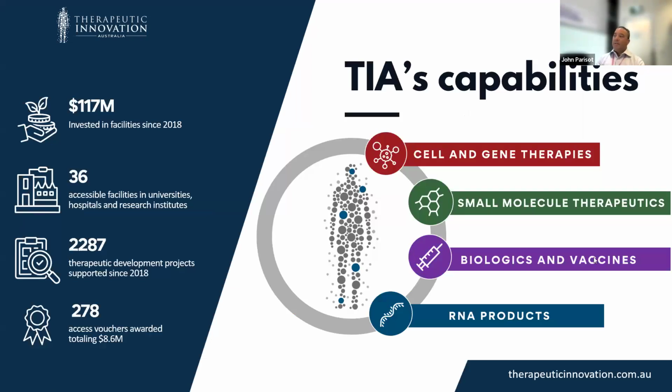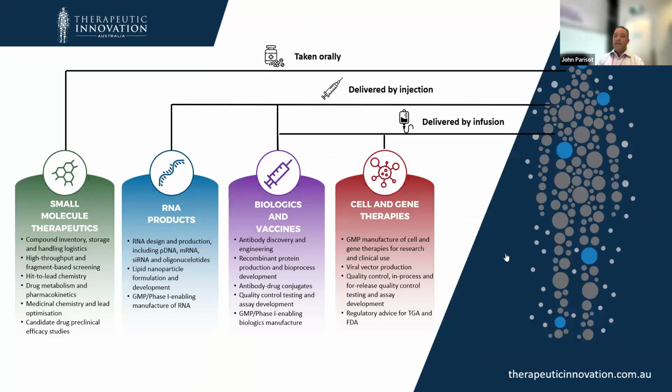So in a nutshell, TIA is spread into 4 specific capabilities. You can see there's cell and gene therapy at the top, small molecule therapeutics, traditional small molecules for drug discovery, biologics and vaccines, and more recently, RNA products, as everyone knows, with the boom in the RNA world. Here you can see a bit more detail about what's involved in each.